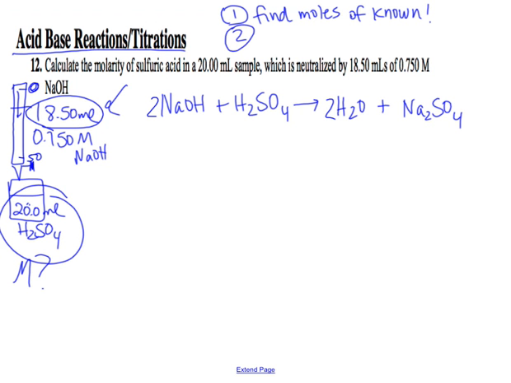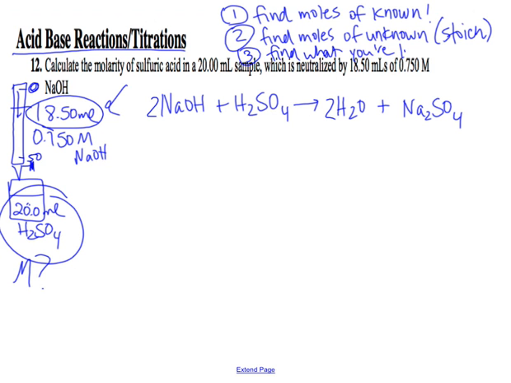Then step 2 is to use stoichiometry to find moles of unknown. What's our unknown in this problem? The sulfuric acid. And this is always through stoichiometry, through mole ratio. And then the third step is to find what you're looking for, whether that be continuing dimensional analysis from the stoichiometry, or a totally separate step. It's going to depend. You can find what you're looking for after you get those moles of the unknown.